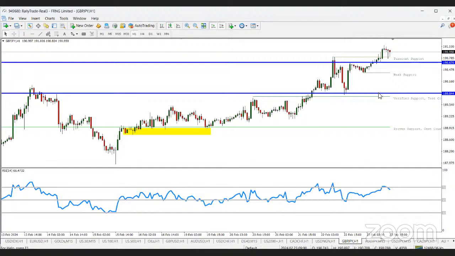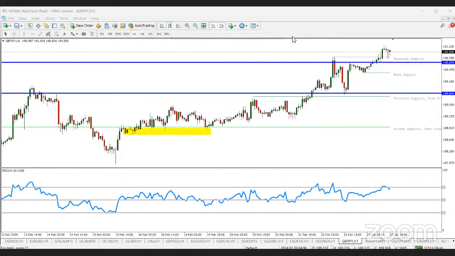Oh no, it's more than 20 pips. If I look out for a sell from 190.670 to around 189.840, that's over 80 pips. So that's what I would advise. You can have a sell stop there, but looking at what we saw, you're going to be expecting a very major retracement in GBP JPY.